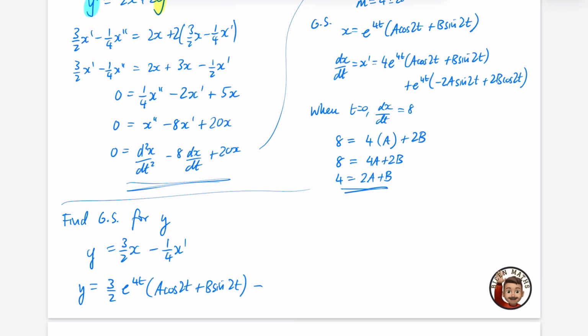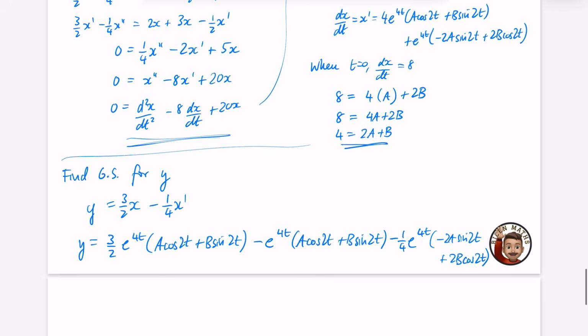So minus a quarter of the first bit is just going to be e to the 4t (a cos 2t plus b sine 2t), and then there's going to be minus a quarter e to the 4t, this is never going to fit, (minus 2a sine 2t plus 2b cos 2t).